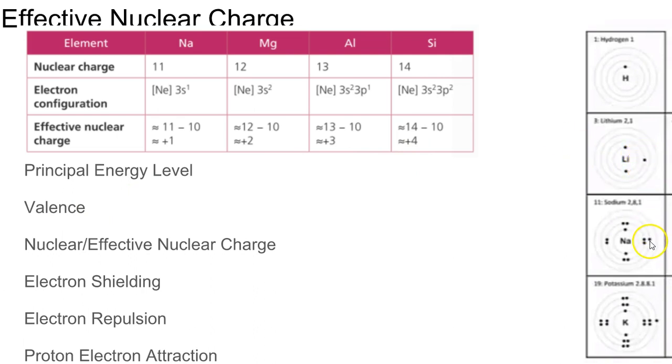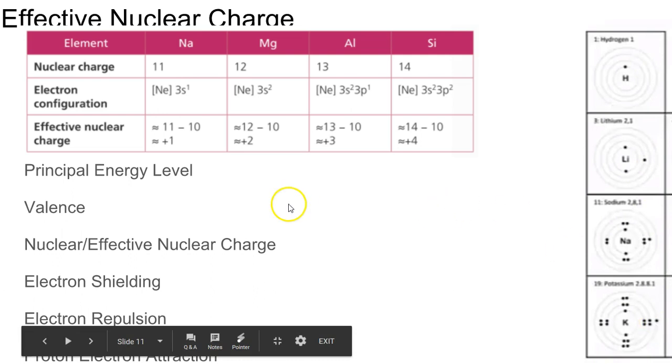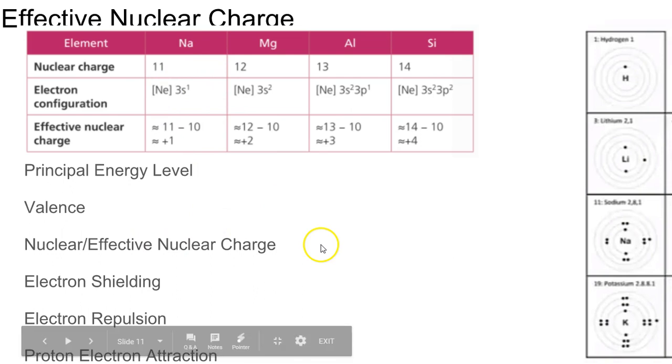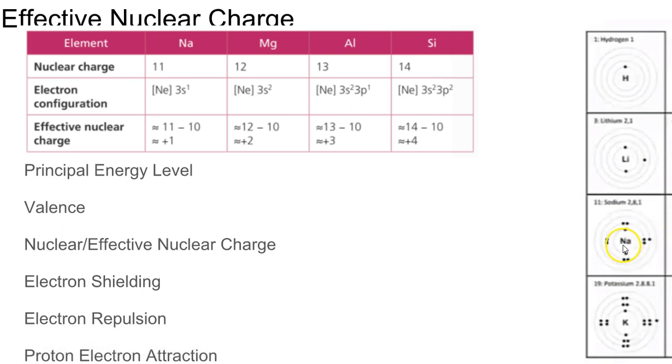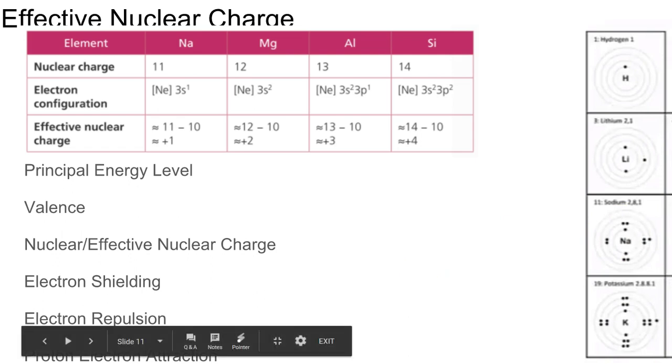So valence of 1, valence of 1, valence of 1. Nuclear and effective nuclear charge, we just talked about that, and that has to do with electron shielding, negating some of the effects on the outermost electron because of electron shielding.